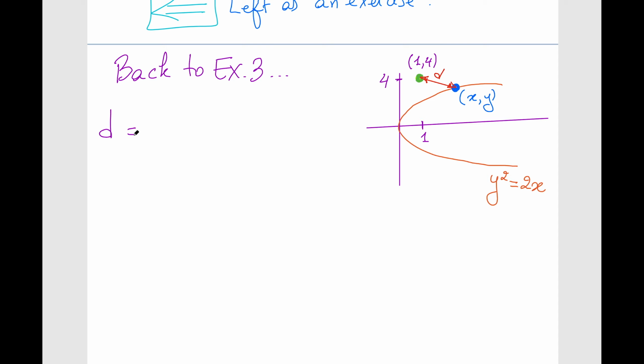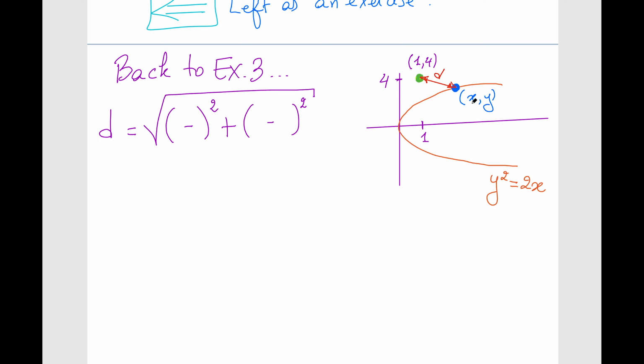And what's little d? Little d is the distance separating this generic point, the blue point, and the green point. And what's the distance separating two points on the plane? The Euclidean distance. It's the square root of the sum of the squares of the differences between the coordinates.